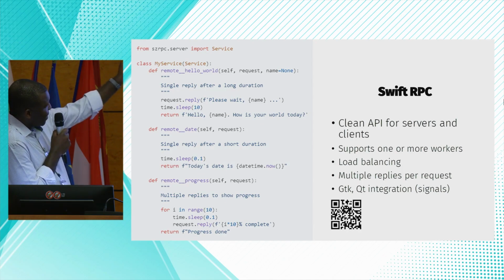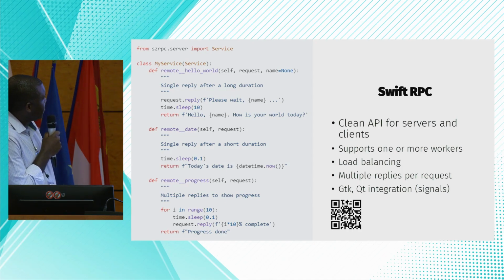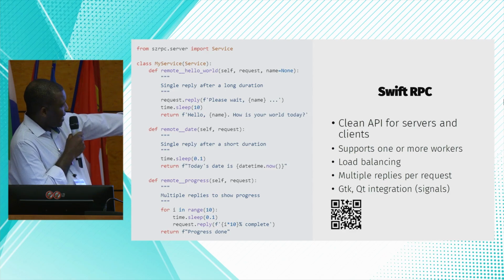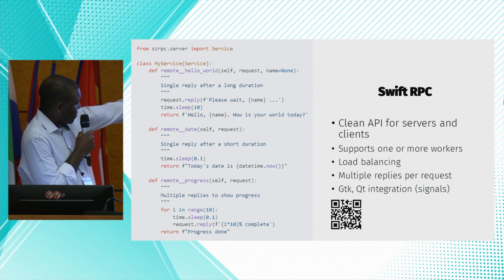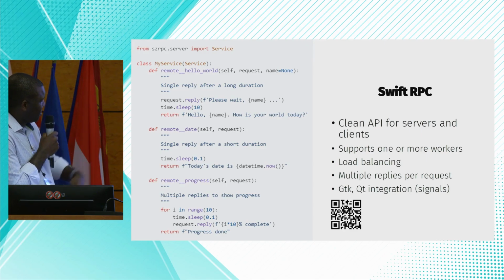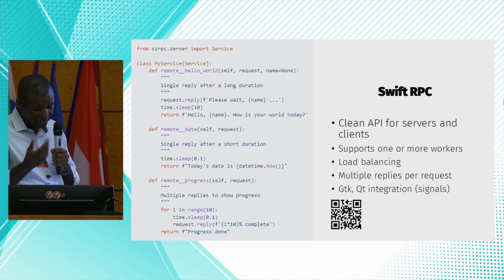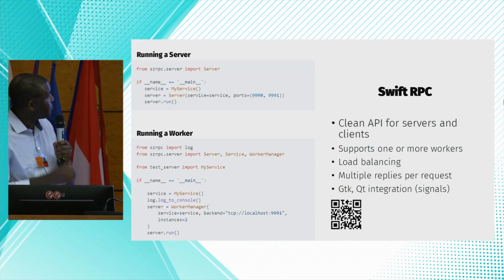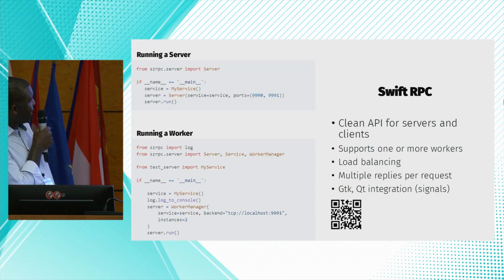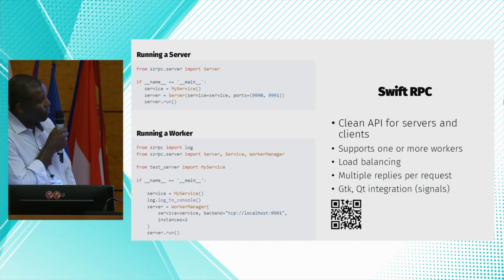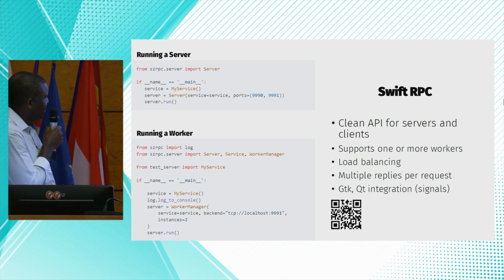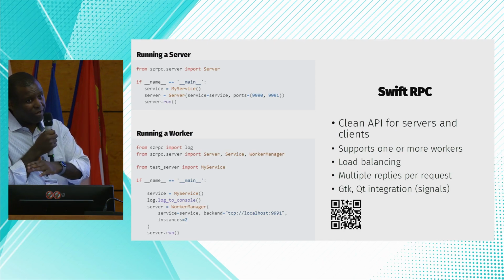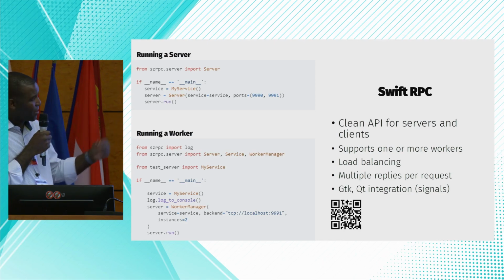You return the final result at the end for a single reply, or you just tag a reply to the request object, like shown in the last example there, for multiple replies. Let's say you want to indicate progress of the process. Once you've defined that, you can create a server like that, provide two ports, one for the front end and one for the back end. The back end is used for the workers to connect to, and the front end is for the clients.